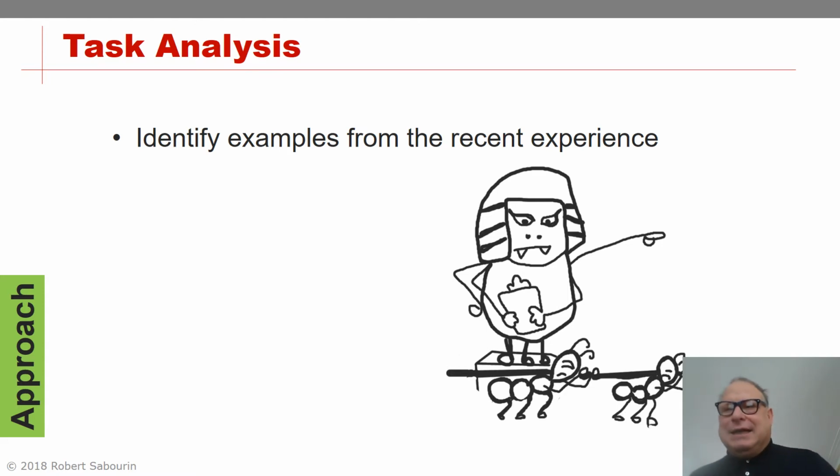When I'm doing task analysis, I try to get the delegates whom I'm interviewing, the interviewee, the staff, the employee, whoever I'm interviewing, the customer, the user, to share with me examples from recent experience, recent examples.